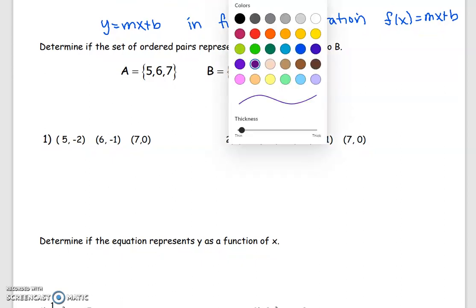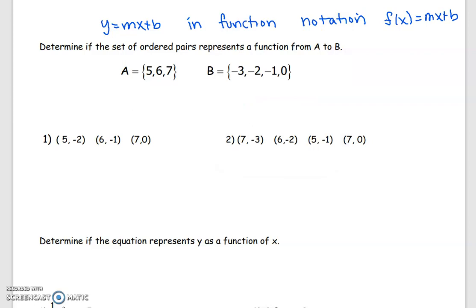So let's take a look here at determining if a set of ordered pairs represents a function. So we're going to look at x values. Do they repeat?